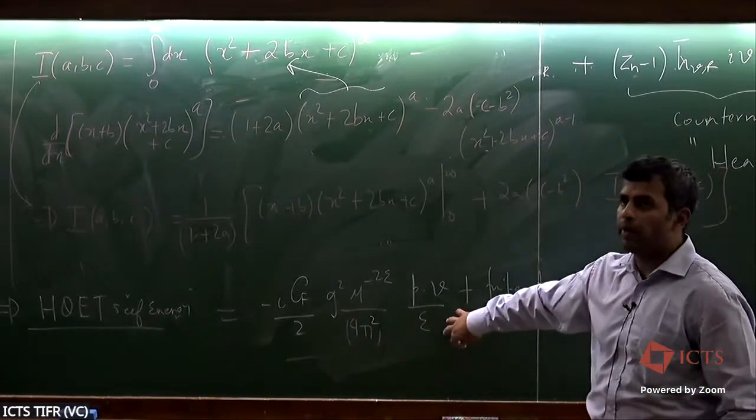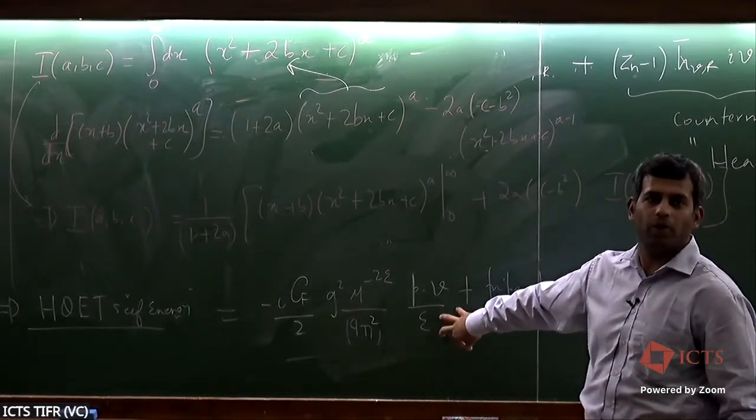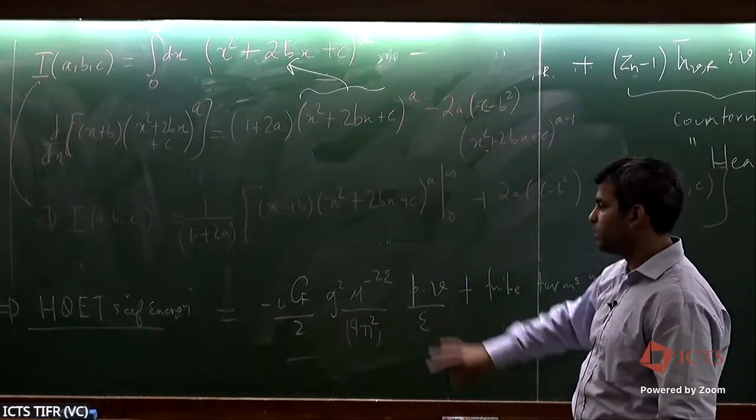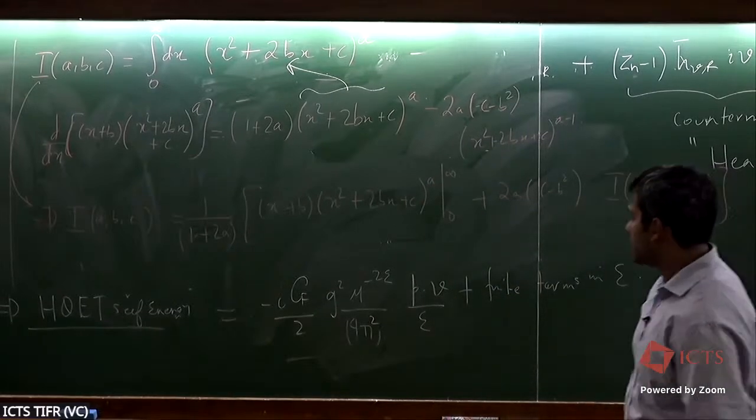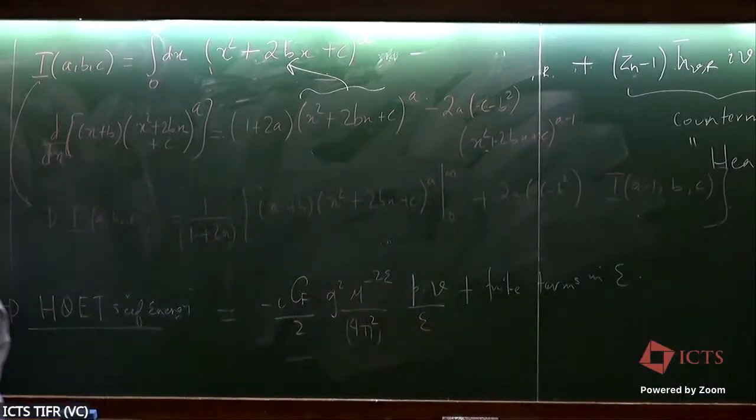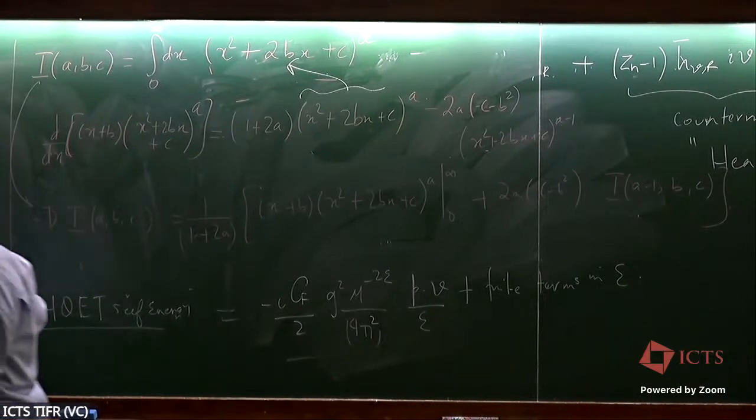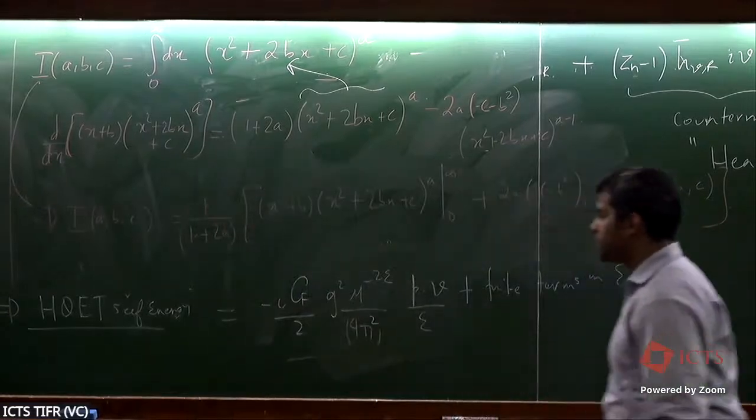So this is the 1 by epsilon pole that I was trying to look for. The whole game I played was to do this. This 1 by epsilon comes from this gamma of epsilon here, and this integral gives me a finite piece in epsilon.